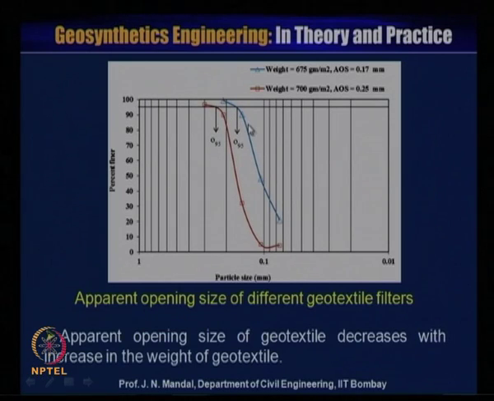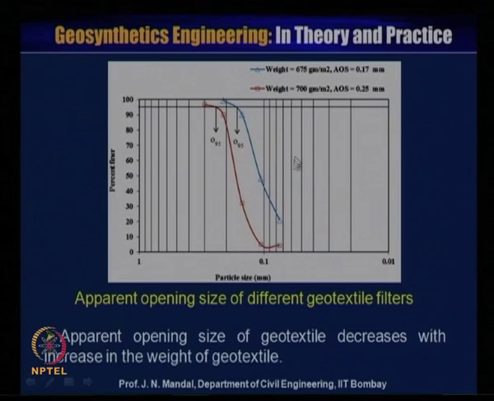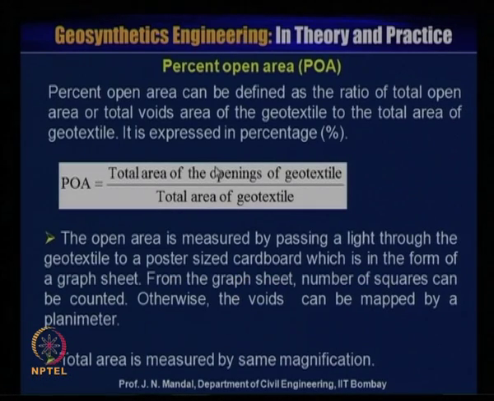And this is another sample whose weight is about 675 gram per meter square, and apparent opening size O95 you can calculate as 0.17 millimeter. As I said, only that 5% is represented. So the size of the bead which passes by less than or equal to 5% is represented as O95. So the apparent opening size of the geotextile decreases with the increase in the weight of the geotextile material. So this is a very important parameter.